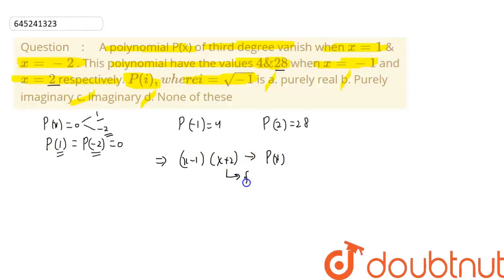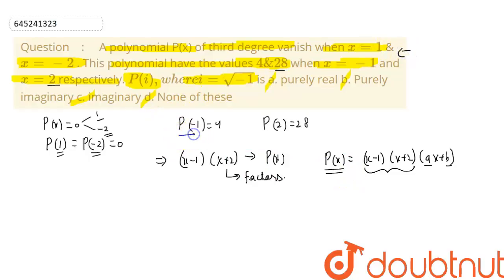So we can write the polynomial p of x as x minus 1 into x plus 2 multiplied by ax plus b, where a and b are the assumed parameters, and x minus 1 into x plus 2 are the factors of this polynomial p of x as given in the question here.